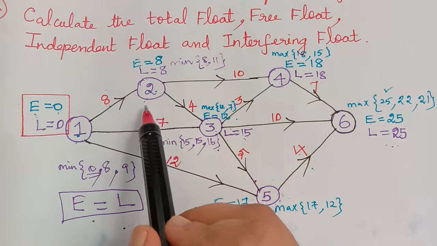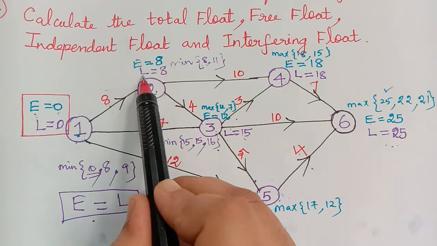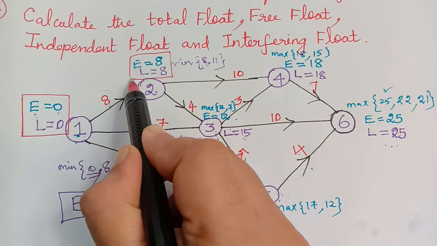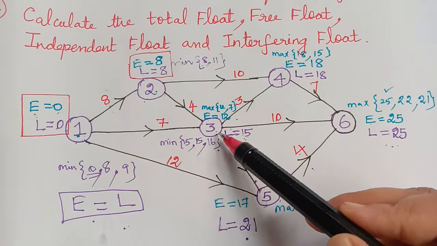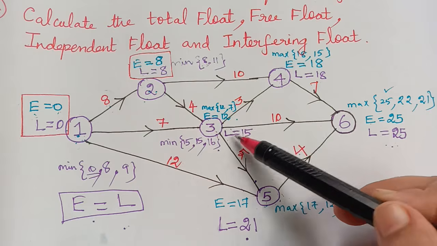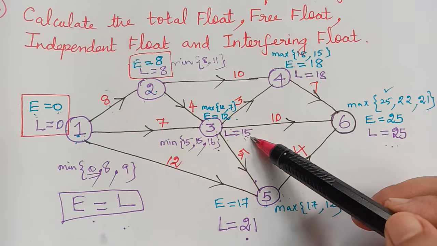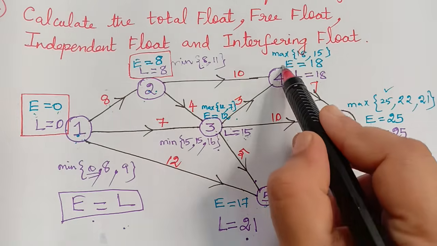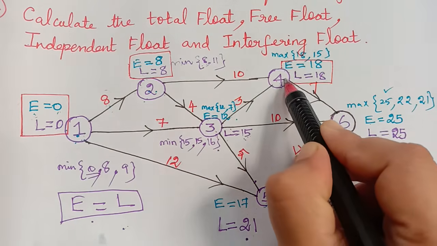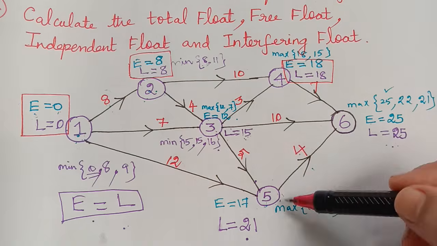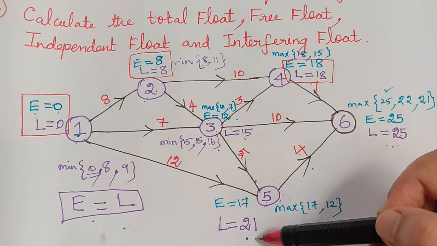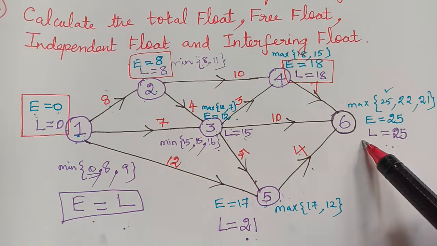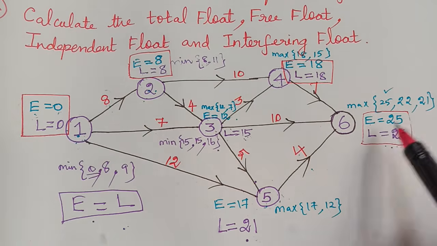Next, if you see, here you have E equals 8 and L equals 8, so this node is also selected. But for 3, E is 12 and L is 15, so we don't select this. And for 4, E is 18 and L is 18, so we need to select this node, this event. And then for 5, it is 17 and 21, and they are not equal. But here it is 25 and 25, so this node is selected.